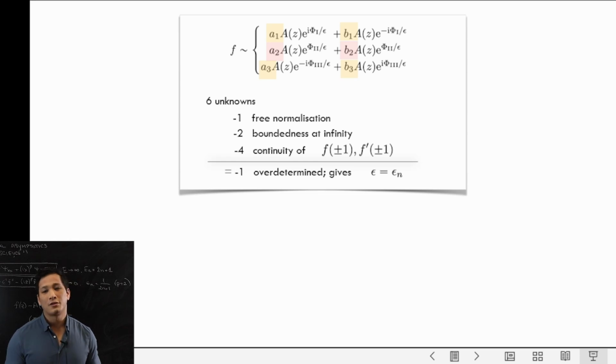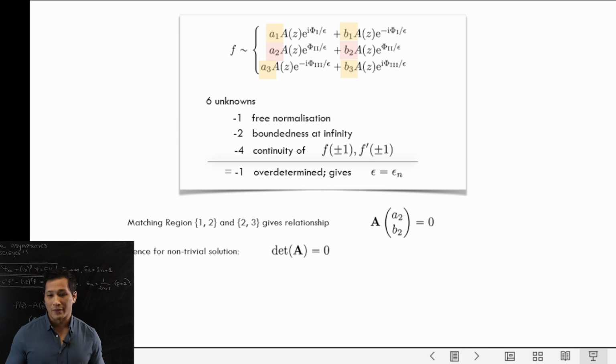Okay? So now you have to go through the algebra and do all of this. But at the end of the day, when you match the 2 regions, so region 1 and 2, and then 2 and 3, so you match the middle solution with the left and the rightmost solutions, it basically gives you a constraint on the A2 and B2 constants, which are from the middle solution.